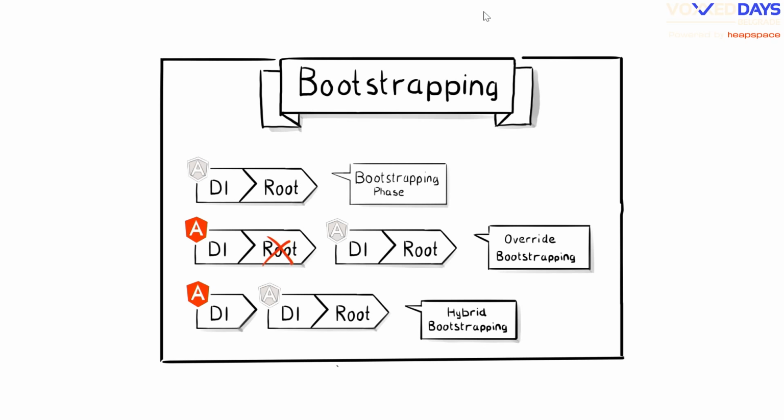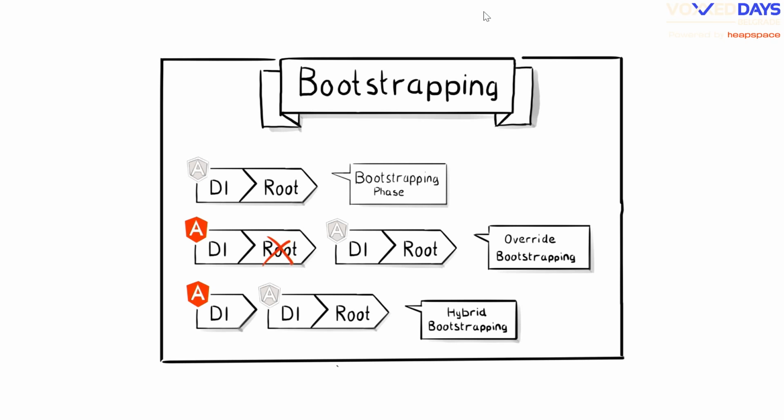So what we have to do is disable the phase where Angular 4 looks for a root component and just run the DI phase of this Angular 4 module bootstrapping, which looks then like the third level here, where you have the Angular 4 DI, then the AngularJS DI, and then AngularJS loads up the application into the AngularJS root component. This is how it works theoretically.